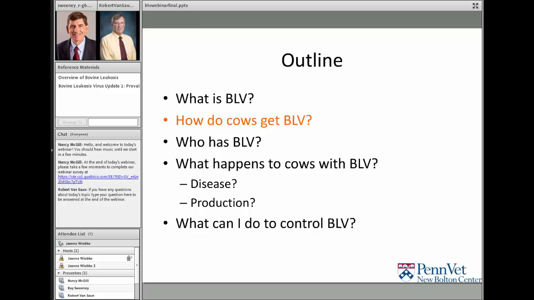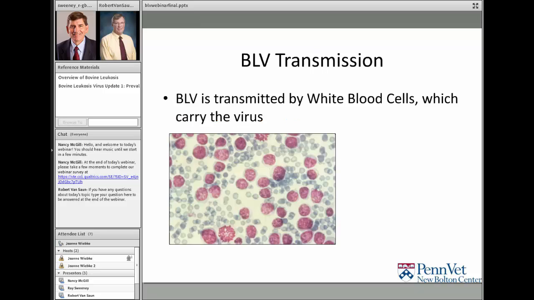Now let's talk about how do cows become infected with the bovine leukosis virus. Well, this is a virus that is transmitted by blood. Remember I said that the virus lives in the white blood cells of infected cows? So any sort of process that would involve exchange of blood from an infected cow to an uninfected cow will transmit the virus.